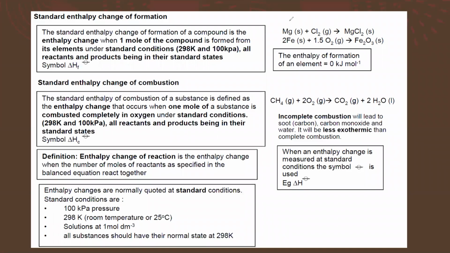If conditions are not standard, for example the reaction occurs at 30 degrees or 35 degrees, how will we denote it? We won't say standard enthalpy change of formation, we'll say only enthalpy change of formation.